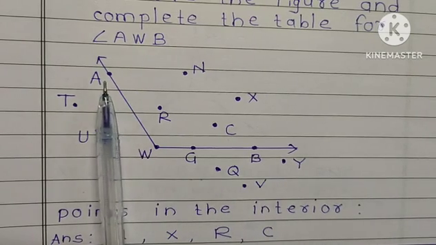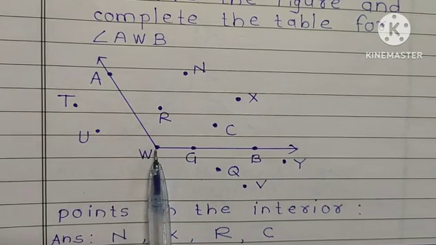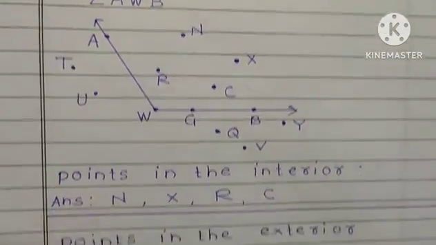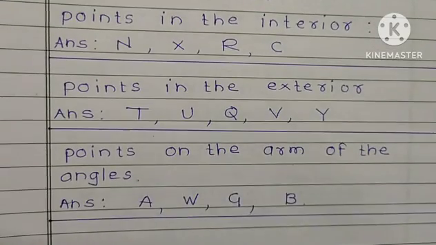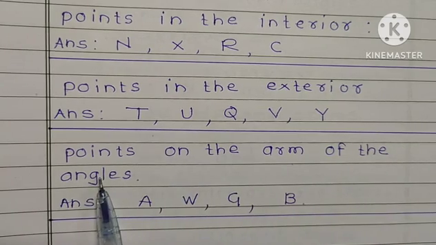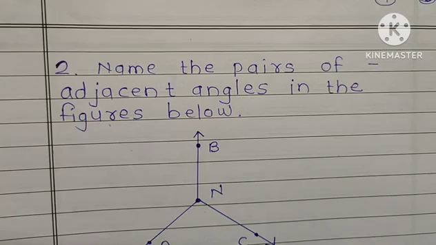Therefore, points on the arm are A, W, G and B. So, write the answer: points on the arm of the angle are A, W, G and B.